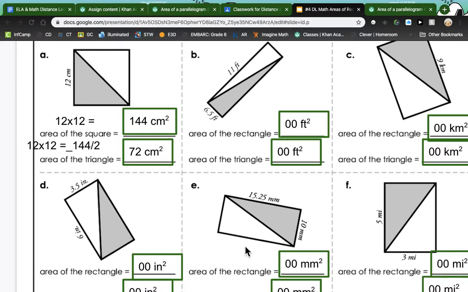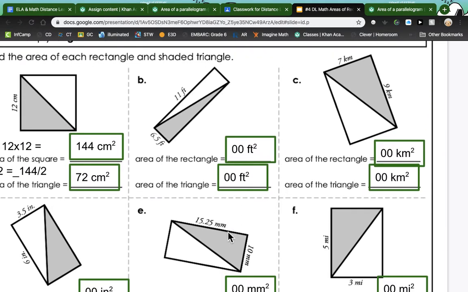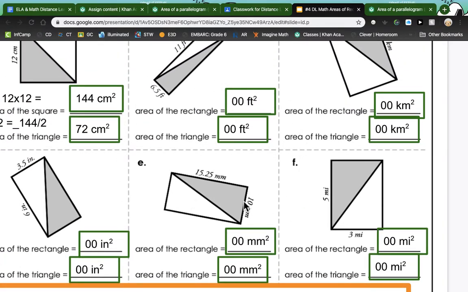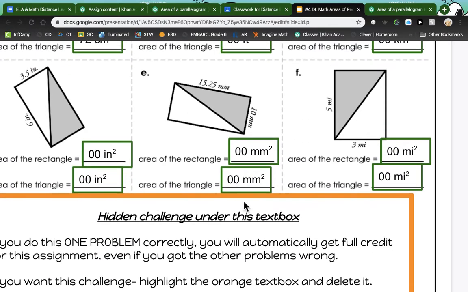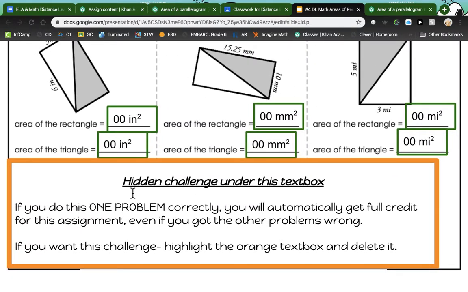So I want you to go ahead and work on the rest of them. I have a little surprise at the bottom. If you're like, I don't want to do all this work, fine. There's a little opportunity here at the bottom. There's a hidden challenge under this text box.